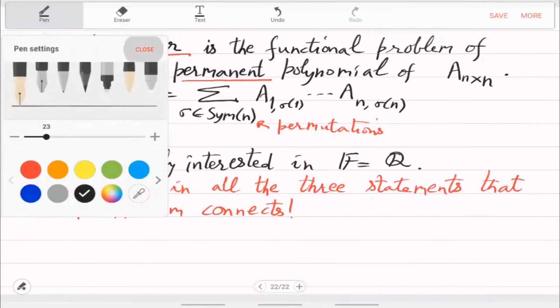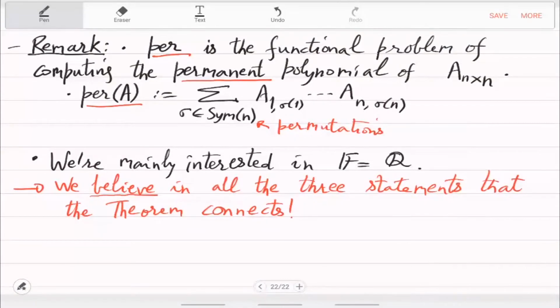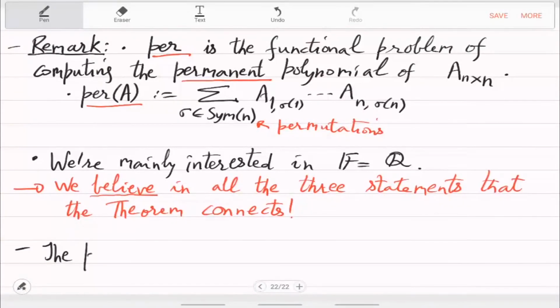Okay, so what is this connection? How do you prove this connection? We don't have proofs for any of the three statements, so how will we connect them? This will be a topic for the next lecture. The proof will be involved and depends on several results.